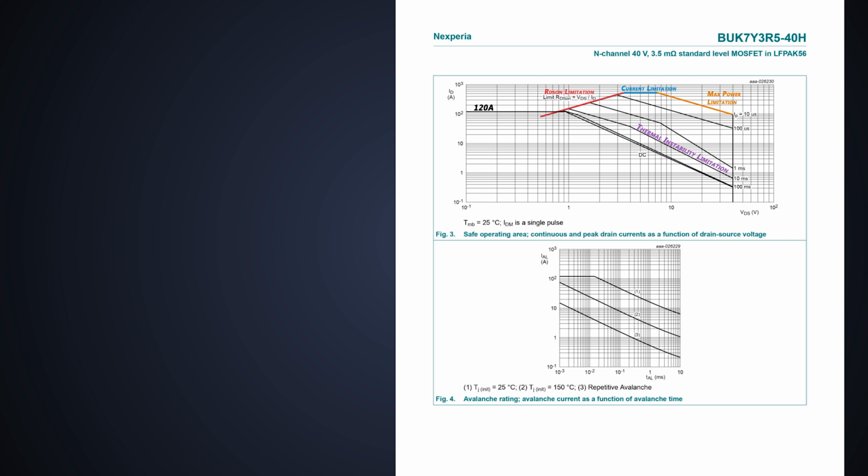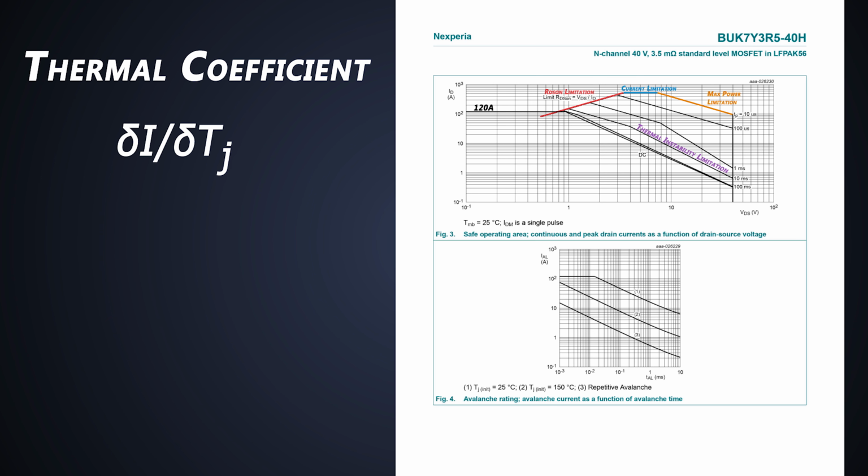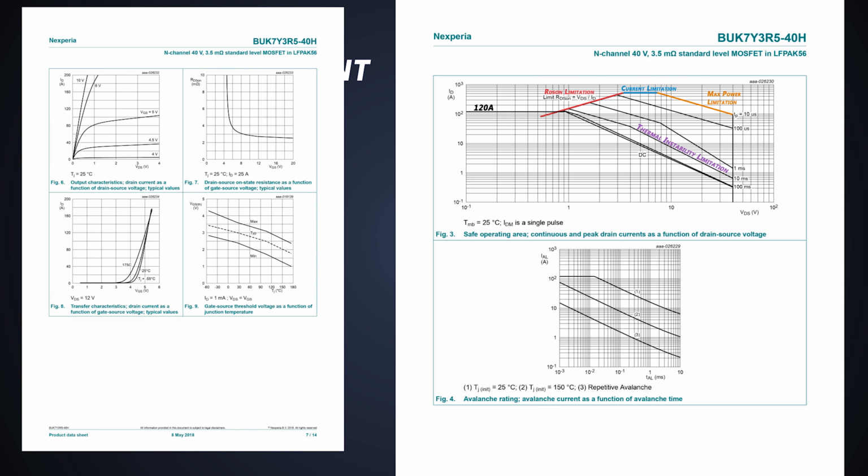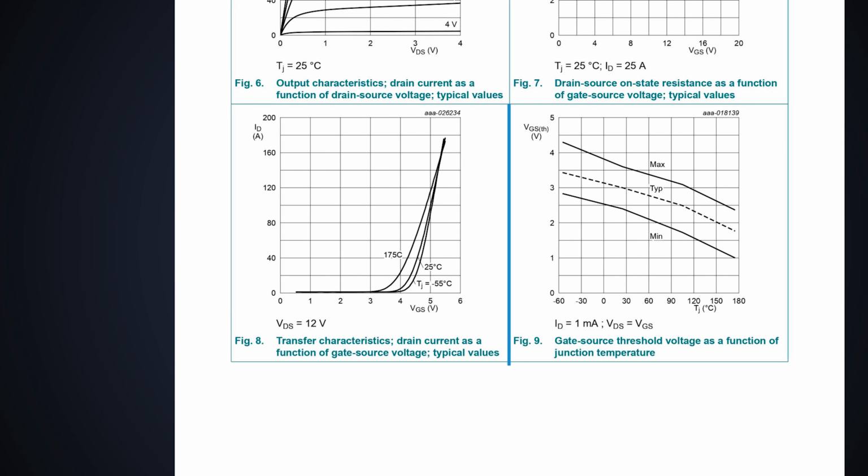To understand this term, we need to learn about the thermal coefficient of the MOSFET, which is the change in current with respect to the change in temperature of the MOSFET. When we look in the datasheet, we find the transfer characteristics, which show the relationship between gate to source voltage and drain current. This relationship is given at different temperature ranges. This is called the zero temperature coefficient point, where the behavior of the MOSFET is the same at all temperatures.